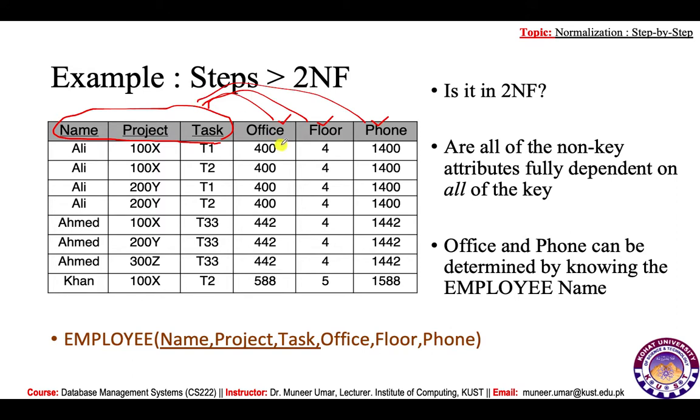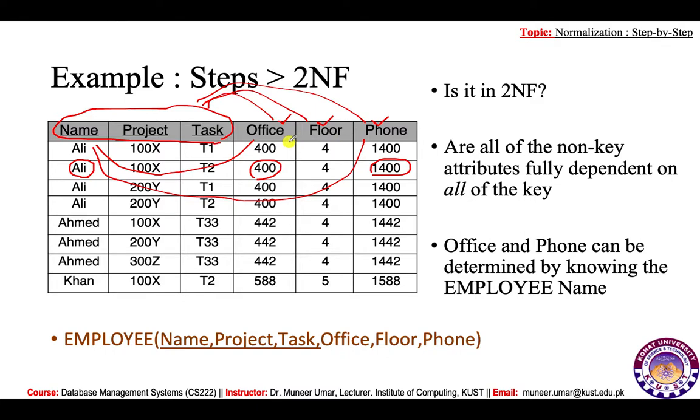But if we look into this table, then it is obvious that the office and phone can be determined by knowing the employee name only. If I know Ali, then I can determine his office number, and I can also determine his phone number. So I can say that these two, the office and phone, are partially dependent on this composite key.